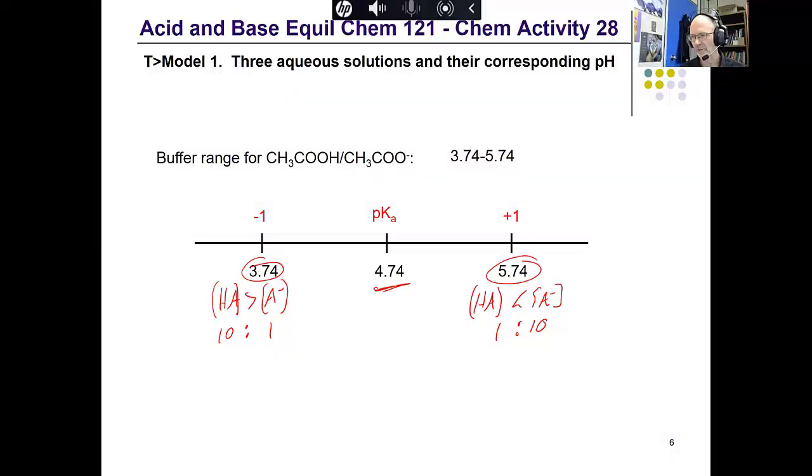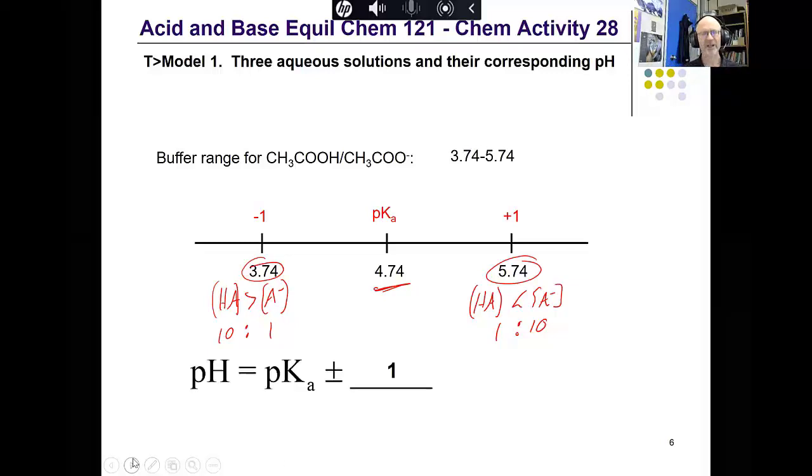So if you look a little bit further down, you'll see that I then write, in general, we'd say that the buffer range or buffer zone can be described. And so here's a way that we actually show it. It'd be like this, and it's simply plus or minus 1. So whatever the pKa is of our conjugate acid, plus or minus 1, that's the buffer zone.